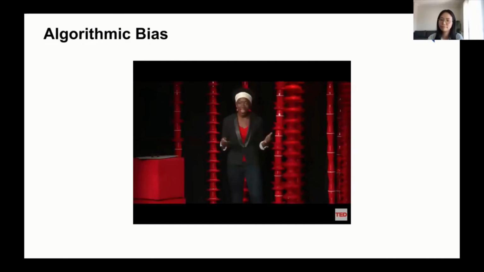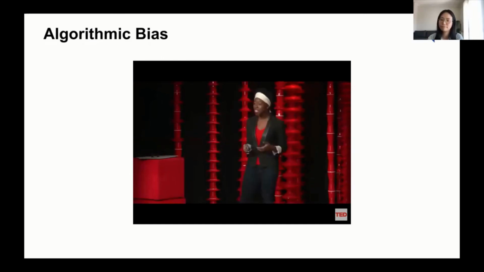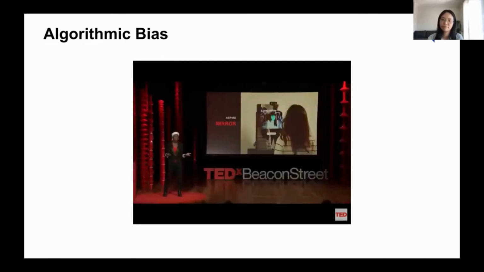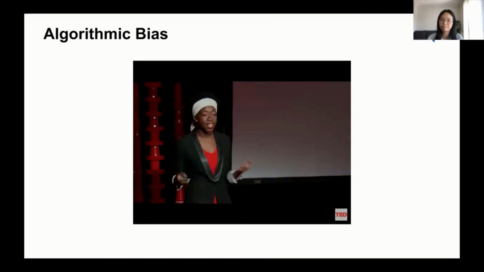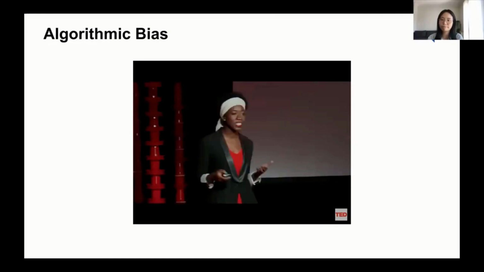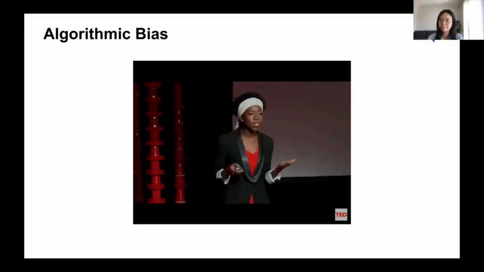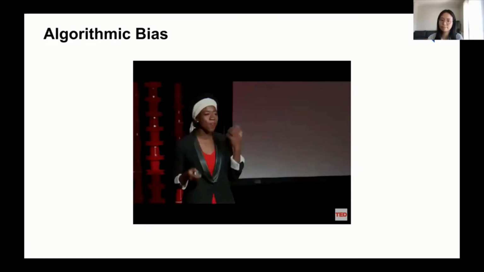And there I have the opportunity to work on all sorts of whimsical projects, including the Aspire Mirror, a project I did so I could project digital masks onto my reflection. So in the morning, if I wanted to feel powerful, I could put on a lion. If I wanted to be uplifted, I might have a quote. So I used generic facial recognition software to build the system, but found that it was really hard to test it unless I wore a white mask.